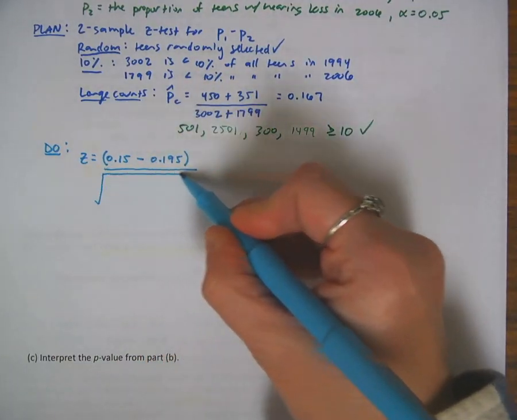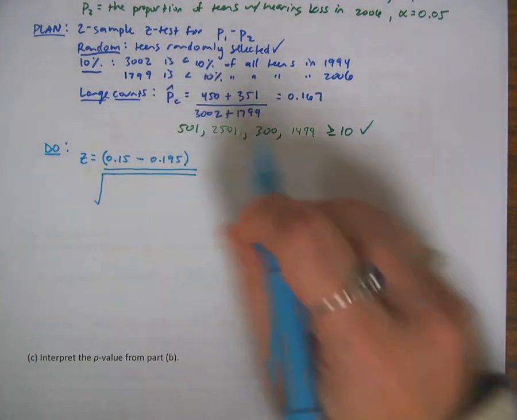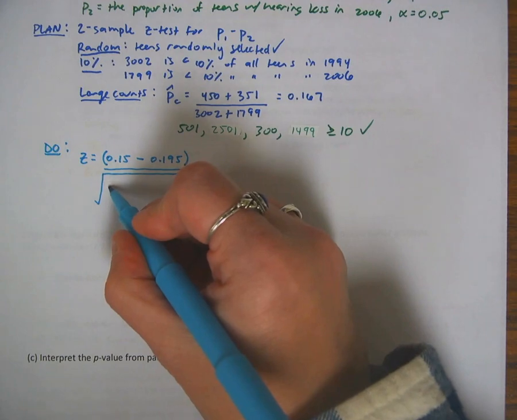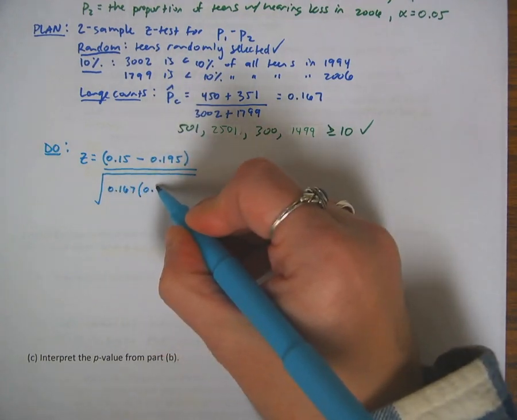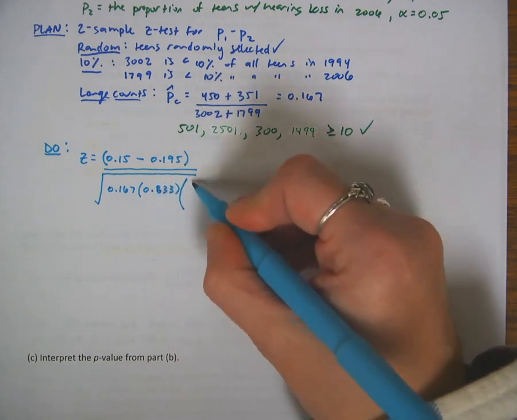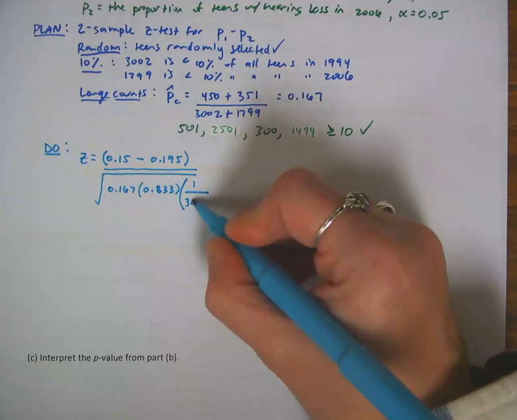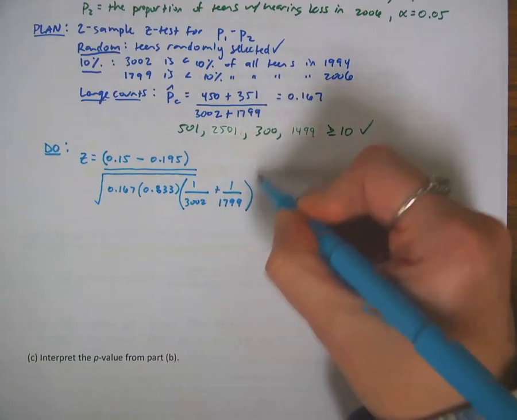And we're going to practice using the formula for standard error on the back of your formula chart, which is this combined statistic times its complement that I messed up on earlier, 0.833, times 1 over 3002 plus 1 over 1799.